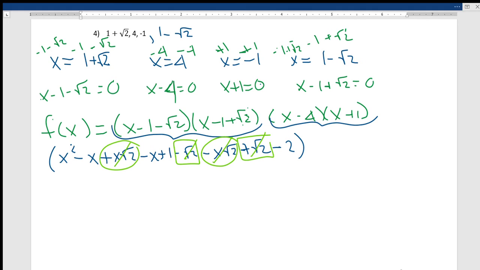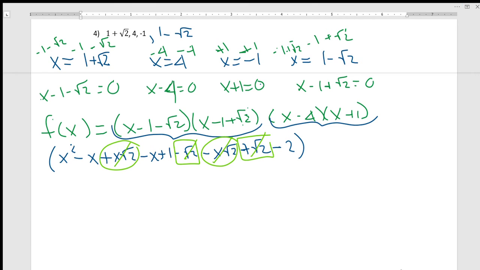And so the only thing we're left with on the left there is x squared. We can combine our x's, minus 2x, and then we have a constant of positive 1 and negative 2, so that combines to give us negative 1.